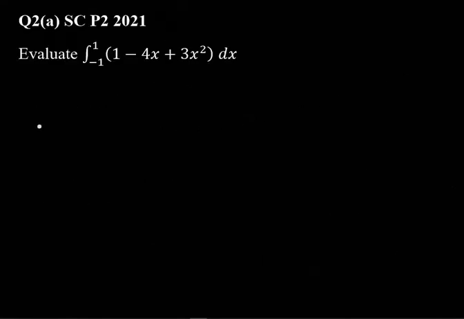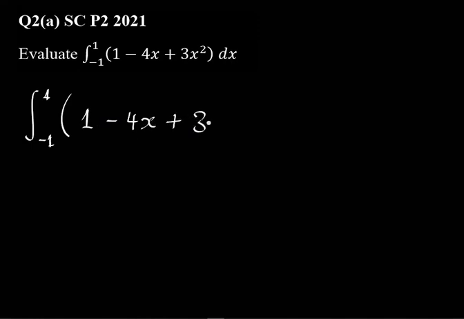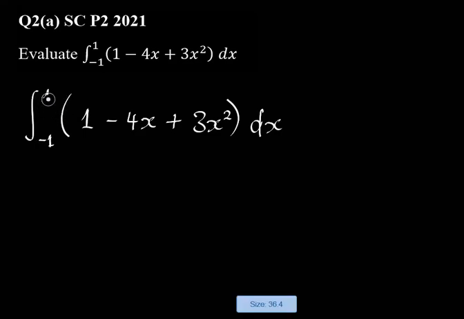Here's another question that we're working with. We've been asked to evaluate this integral of 1 minus 4x plus 3x squared dx. And we are evaluating it from -1 up to 1.